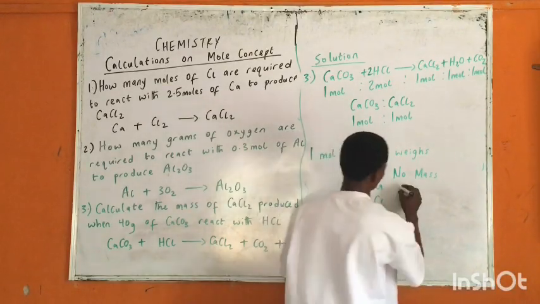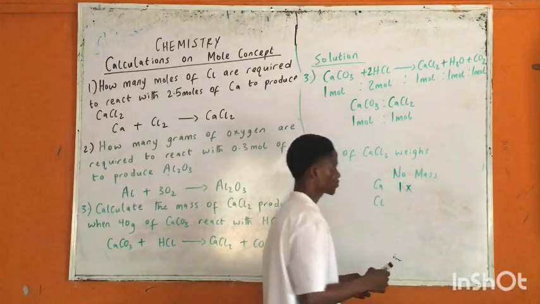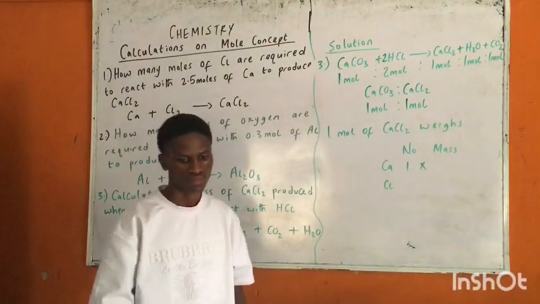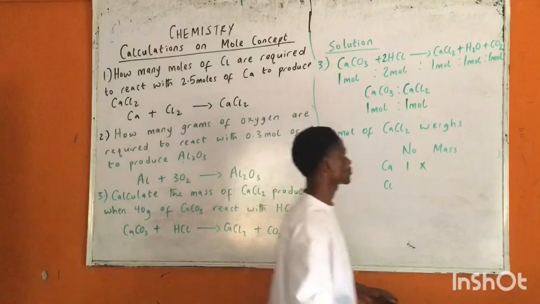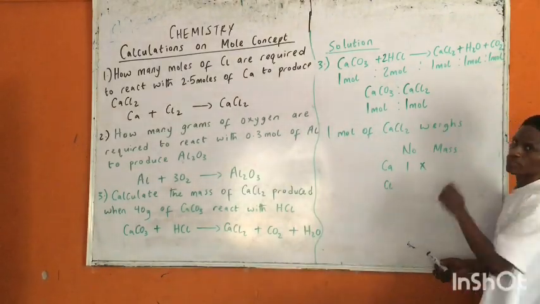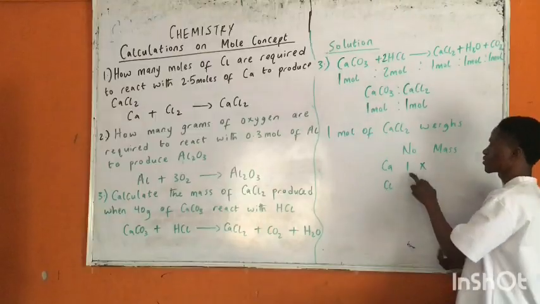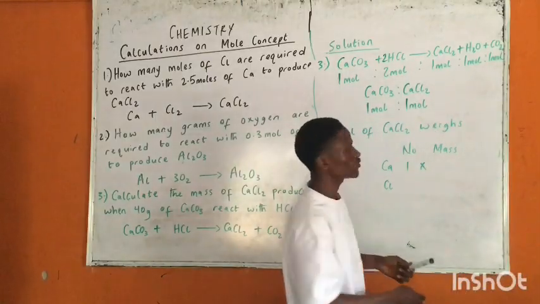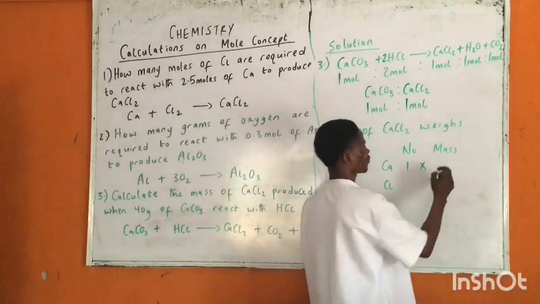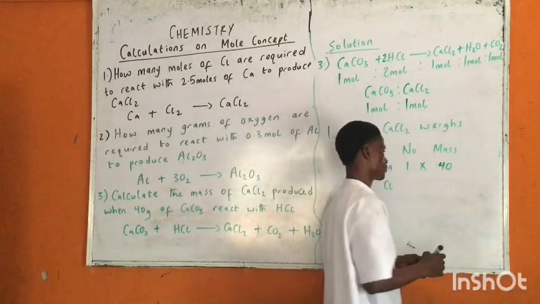Just one. Now 1 mole of calcium chloride. How many calcium do we have here? 1. What's the mass of calcium? 40.